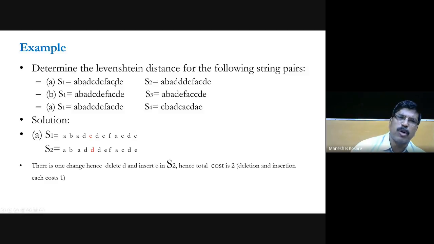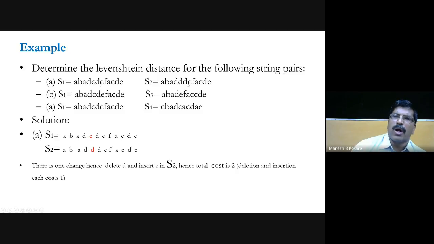The language of S1 class is A, B, A, D, C, D, E, F, A, C, D, E, whereas the language of S2 class is A, B, A, D, D, D, E, F, A, C, D, E.